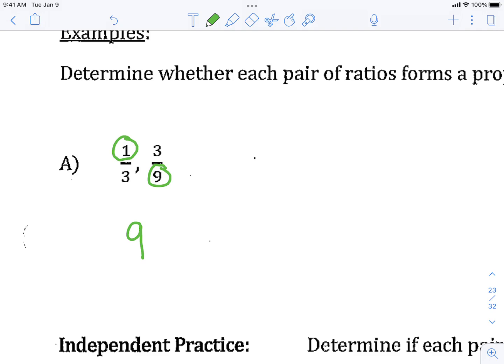And then I'm going to do the opposite for the other numerator and denominator. I'm going to multiply those together. 3 times 3, which is 9. If these numbers equal each other, which they do, it forms a proportion. So we could write 1/3 equals 3/9.